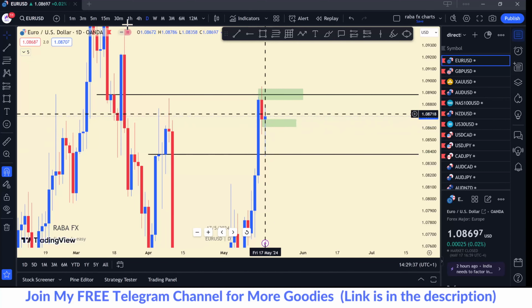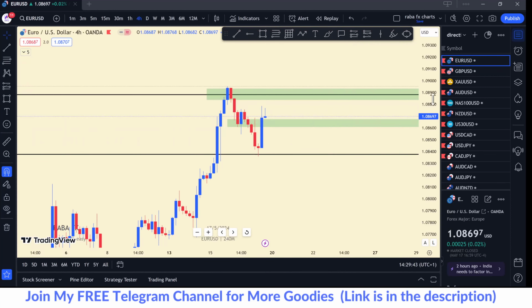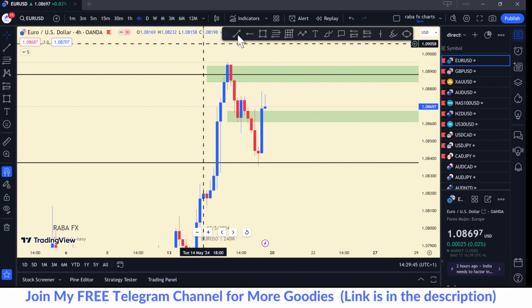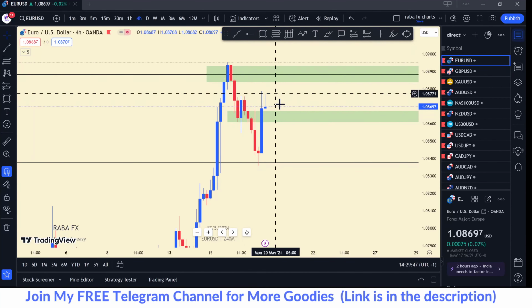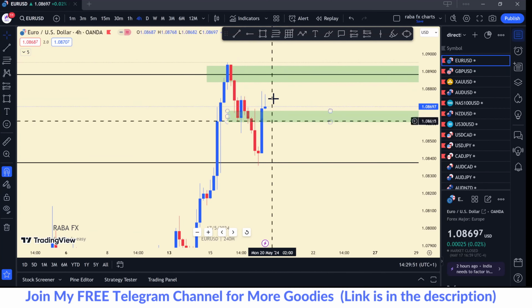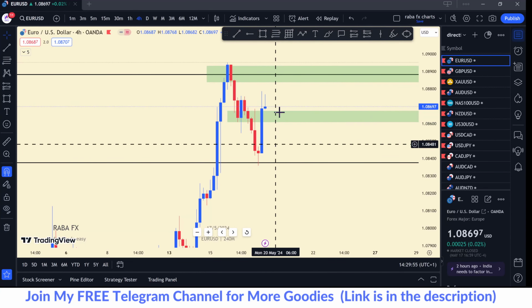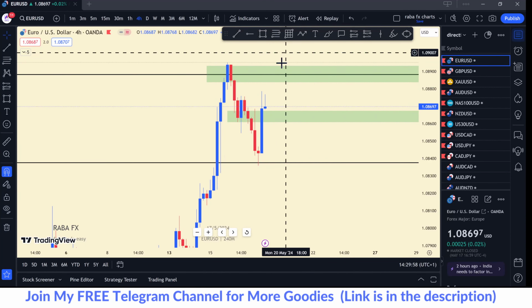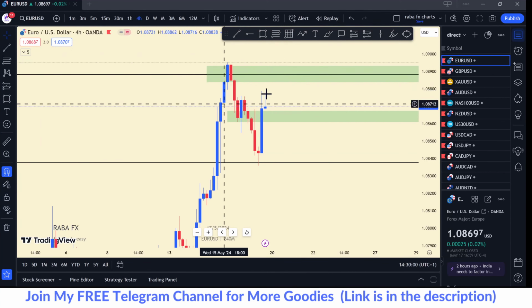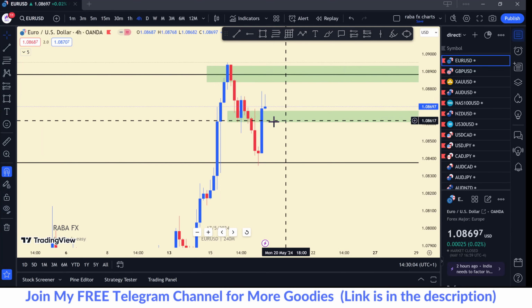So for now, the direction is bullish. It has not changed yet. The direction has not changed yet. It all depends on the Asian session, what happened during the Asia session before I come to the London session. By then, I will know the exact position if it's going to be extremely bullish. But for now, with the information I have here, I'll still be mindful of these two zones.